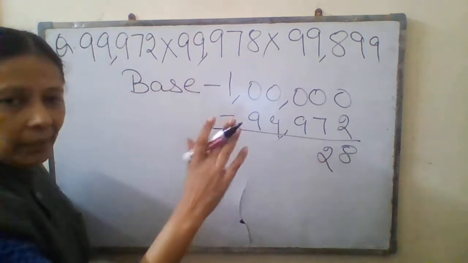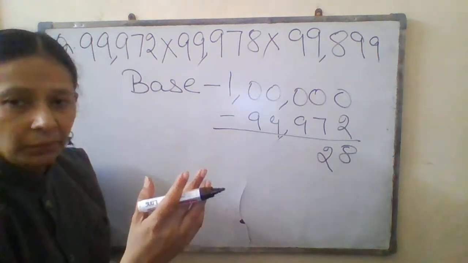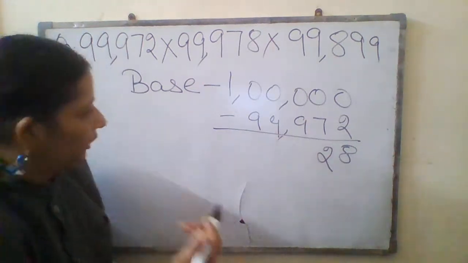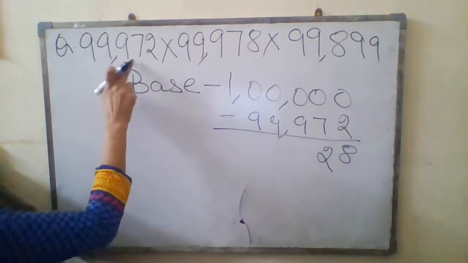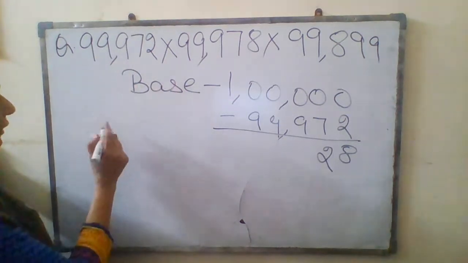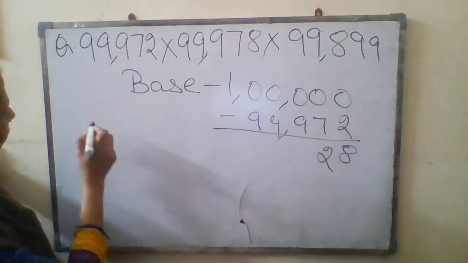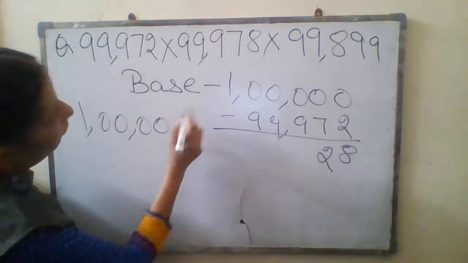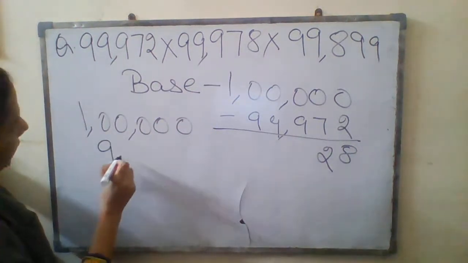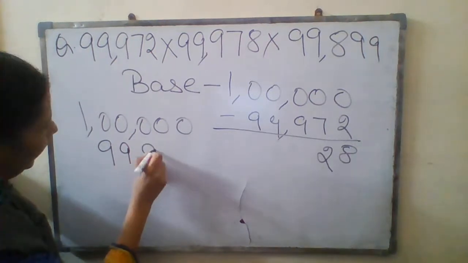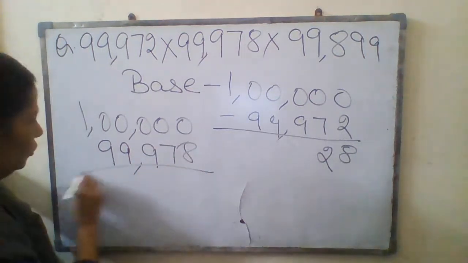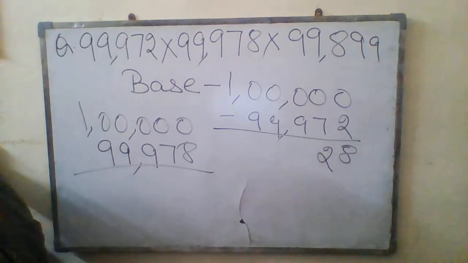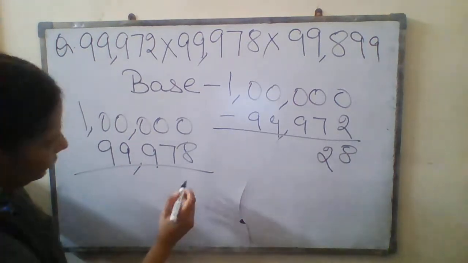Not only my regular tricks on multiplication, but I am using a different trick today. Now I have subtracted this portion. Next, I have to subtract from 1 lakh the number 99,978. If I subtract it, what will I get here?